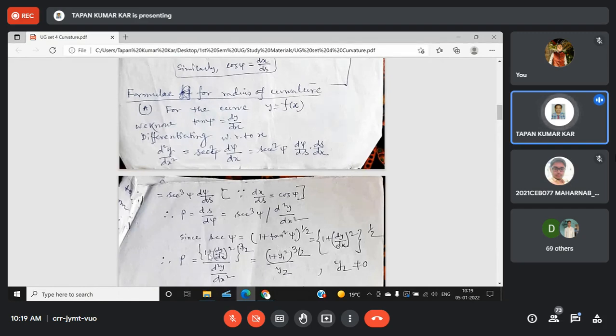Sec cube psi equals 1 plus dy dx whole square, whole to the power 3 by 2, by d square y dx square. Now check this formula. Read this formula. If you have any question or any confusion in any step, ask me.